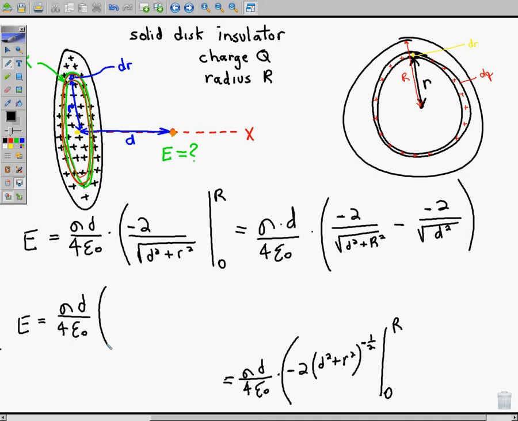It's going to be 2 over d minus 2 over the square root of d squared plus r squared.